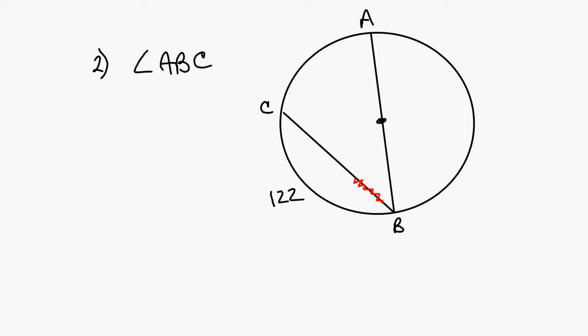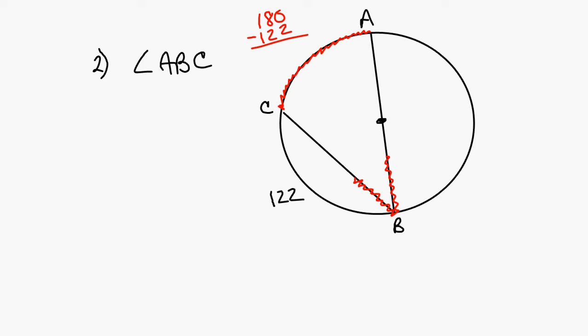This inscribed angle will be half of this arc. And this arc up here is going to be equal to 180 minus 122. So arc AC, 180 minus 122, is 58.